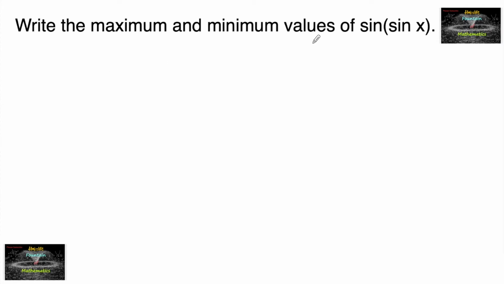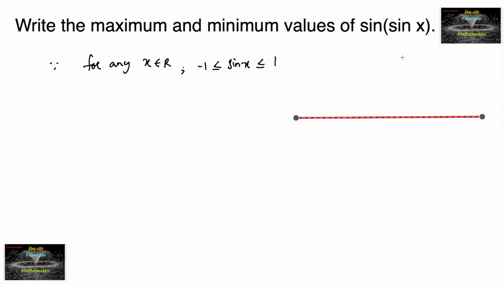Write the maximum and minimum values of sin x. Since we know that for any x belonging to R, sin x lies between -1 and +1, now we shall see sin x for the values between -1 and +1. So from the graph, say this is 1 and -1, and let us plot the graph between -π/2 and +π/2.